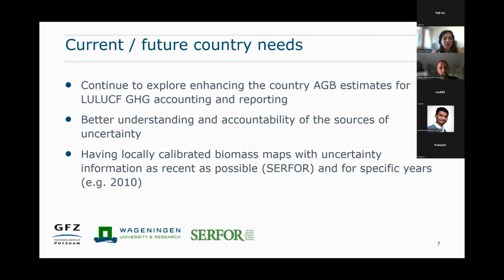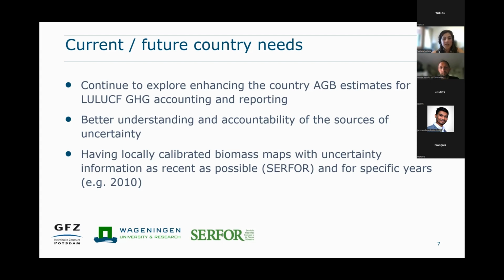Among the country needs that are ongoing and perhaps future needs in terms of the use of these biomass map products, we have identified with Peru and CERFOR specifically to continue to explore how this enhancement of country above ground biomass estimates can enhance the LULUCF greenhouse gas accounting and reporting.